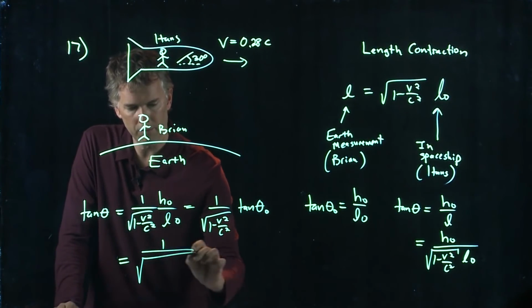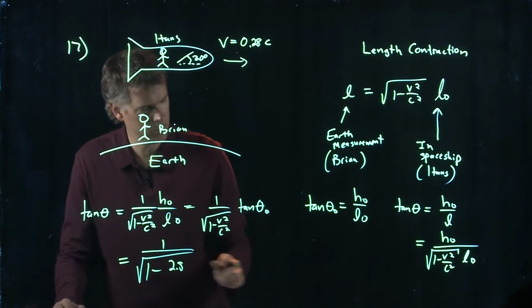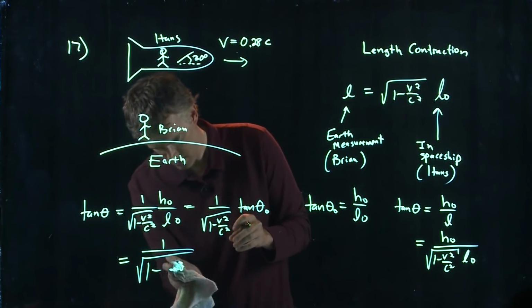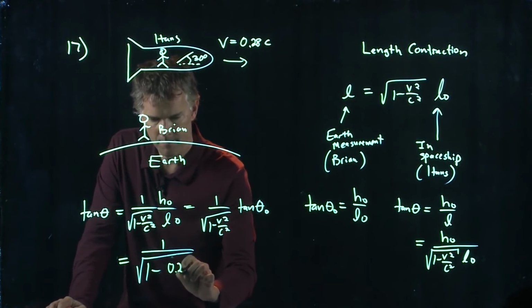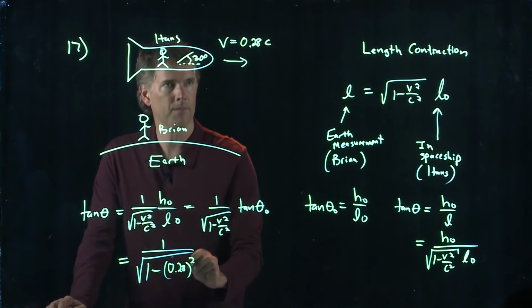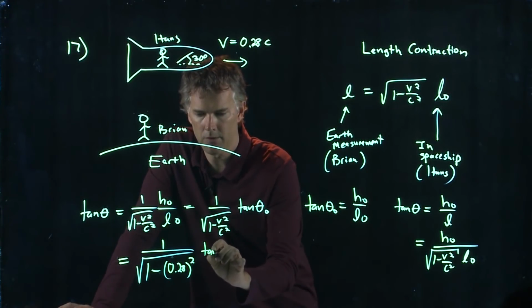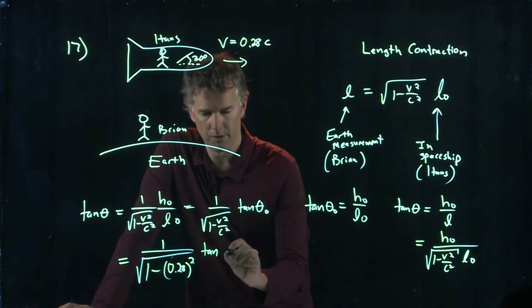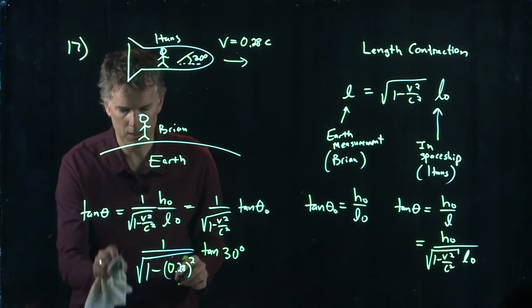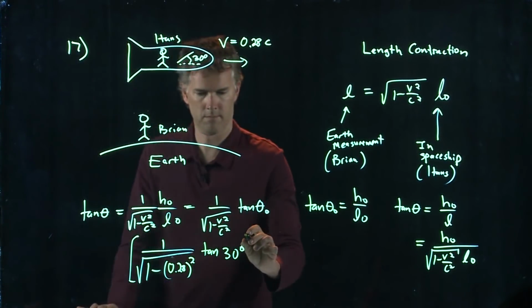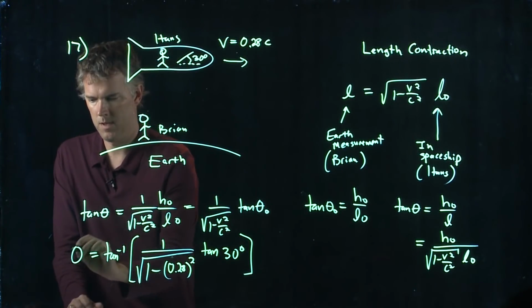We've got 1 over the square root of 1 minus 0.28, that thing is squared. The c's are, of course, going to cancel out. And then we have the tangent of 30 degrees. And we're going to take the arctangent of that whole thing. And that's going to be our theta.